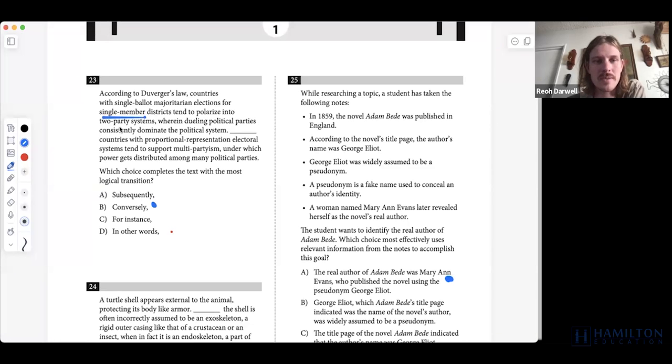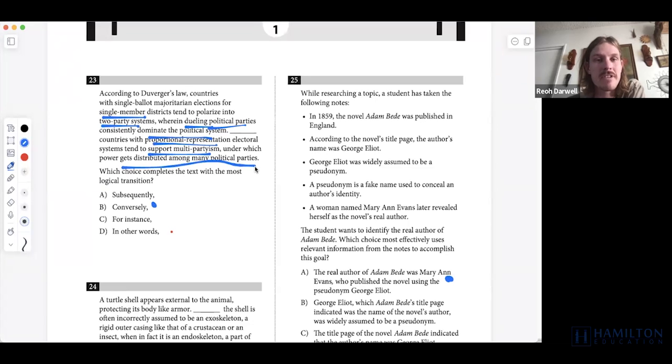Single member districts, we get a two-party system with two political parties dominating the political system. All right. One winner gets the whole thing. Then we see countries with proportional representation tend to support multi-partyism, in which power is distributed among many political parties.